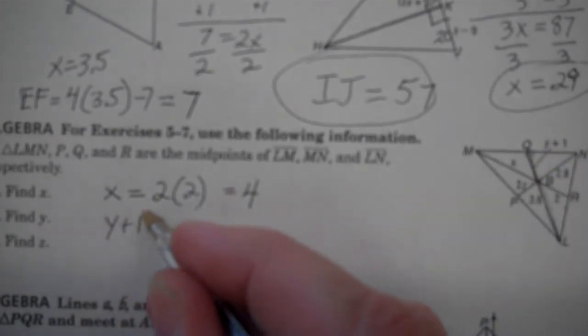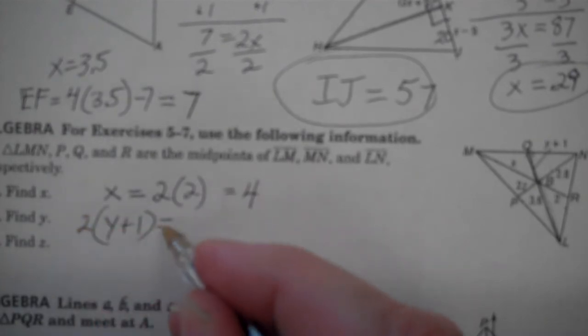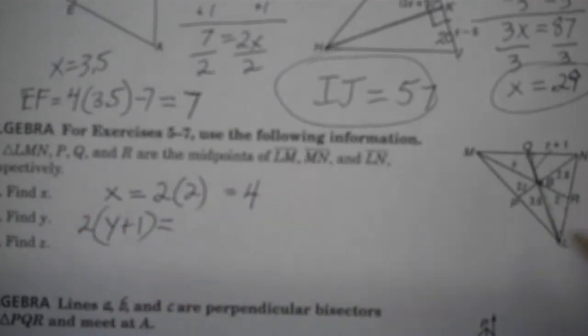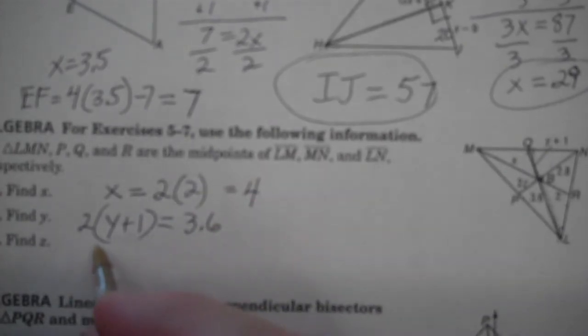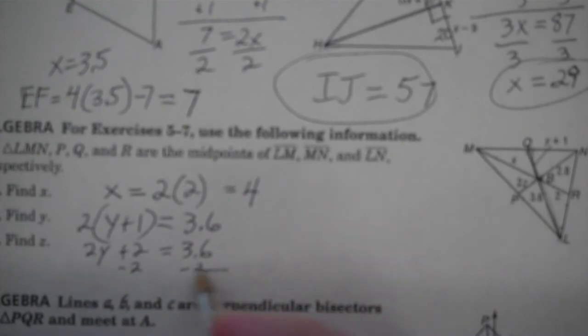Now for y plus 1, that is the short side. If I double it, I get the long side of 3.6. Well, let's do a little bit of algebra here. 2y plus 2, distributive property, equals 3.6. I subtract 2 from both sides. I got 2y equals 1.6.